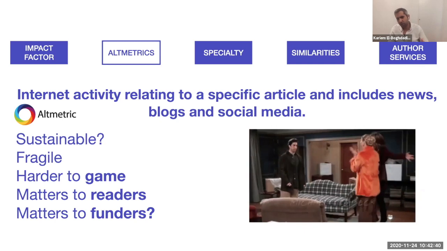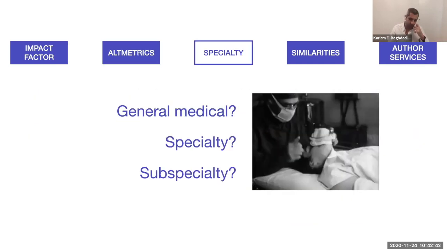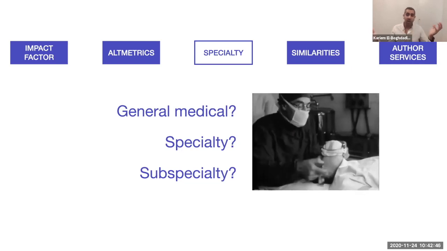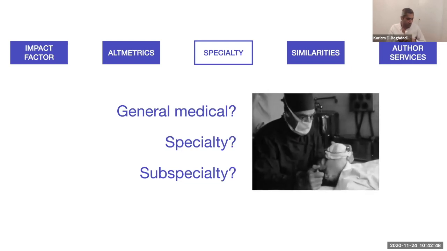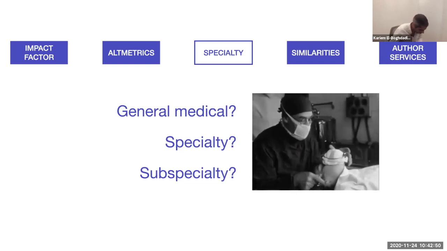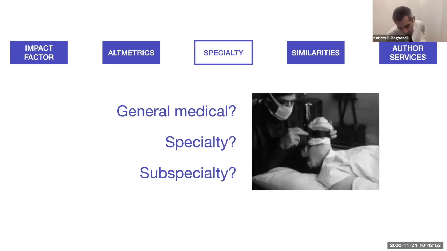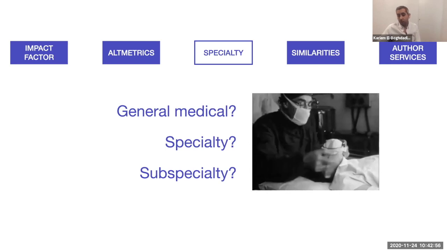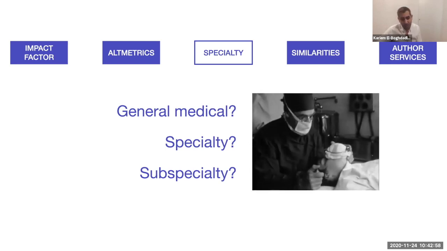Okay, how else can we choose what journal to submit to? So we could think of a specialty journal. Your work, you may think BMJ or Lancet or JAMA or New England Journal, a general medical journal, is a good fit for your work.